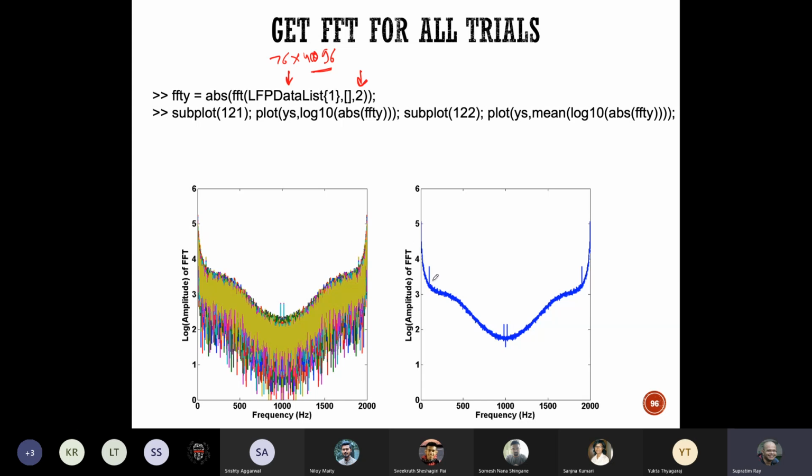Still looks very noisy, but when I look at the average, this is what I get. This is the log amplitude of the FFT, the mean log abs FFT. Now you can see some structure in the signal which looks slightly better than before.